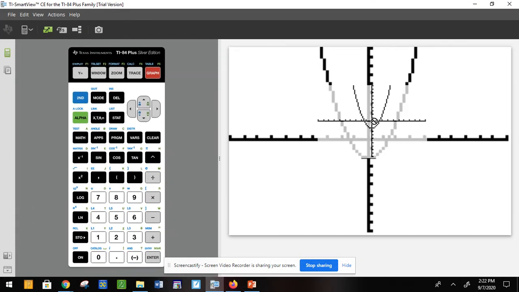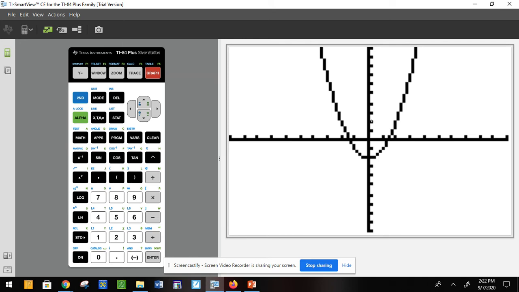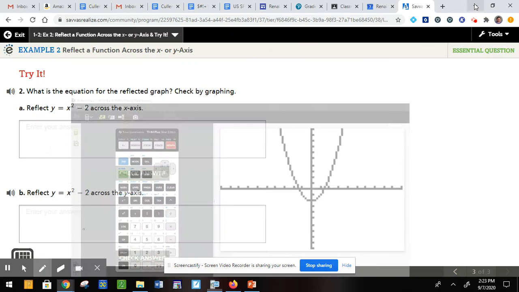You can at least see my cursor. So the vertex will be at +2, but it'll open down, right, as opposed to opening up. The effect that'll have on the equation of the graph is that instead of the -2, it'll be +2. And then instead of x squared, since it's opening down, it'll be minus x squared.